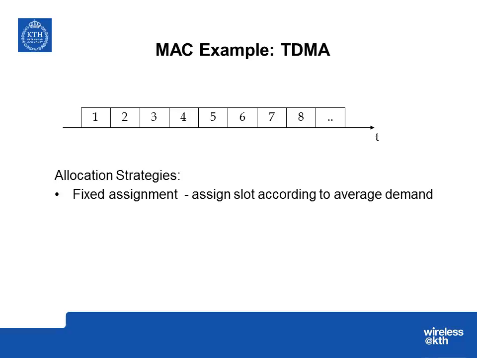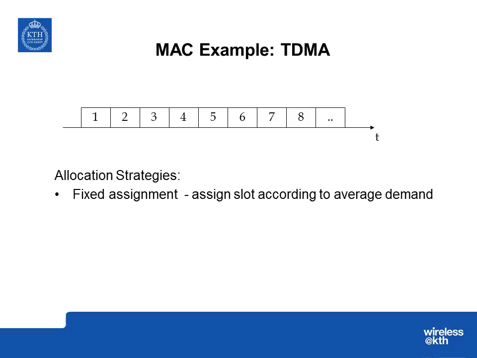However, if the traffic demand is very time varying or bursty, then it will very often be the case that many transmitters have nothing to transmit, so many of the slots may be empty. And so it's of course wasteful if transmitter 1 has lots of packets to transmit and sees that slots 2, 3 and 4, for instance, are empty, but he still has to wait for his turn until the next slot marked 1 turns up.